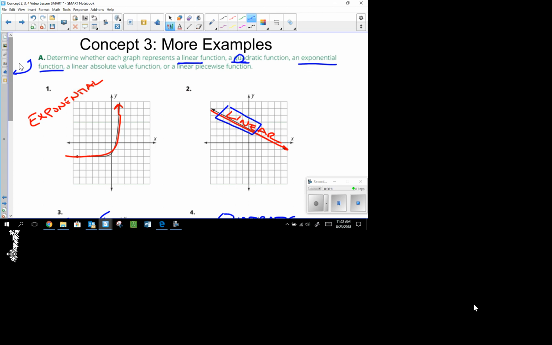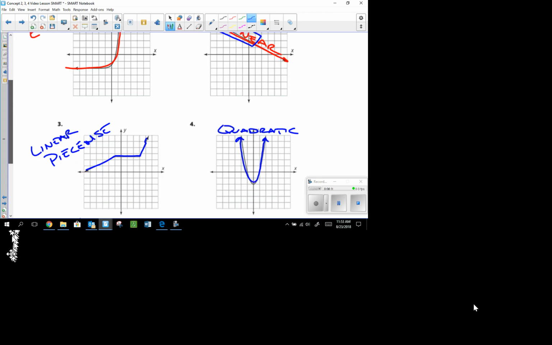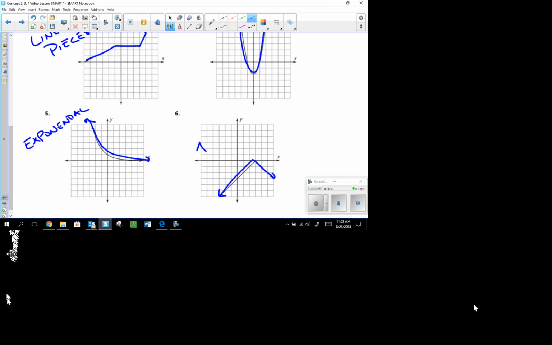And then we got linear absolute value. An absolute value function is spelled with the V, and that's how I remember that. So therefore, this is the absolute value function. Hope that helps you identify for concept 3.